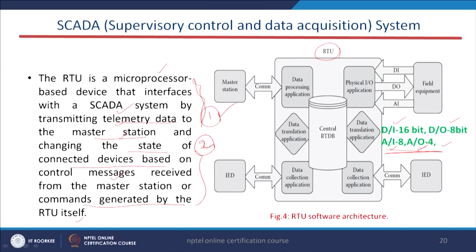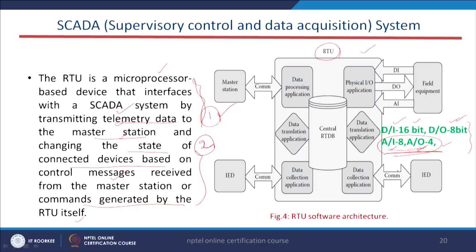That means to this particular RTU we can provide 16-bit digital inputs, and we can get 8-bit digital output from the RTU. Similarly, we can apply 8-bit analog inputs to the RTU, and we will also get 4-bit analog output from the RTU. These are the digital and analog input and output specifications as far as the data size is concerned.